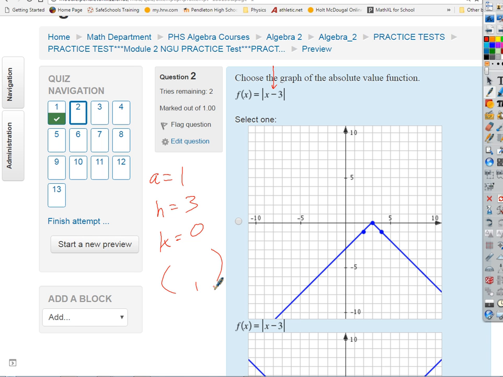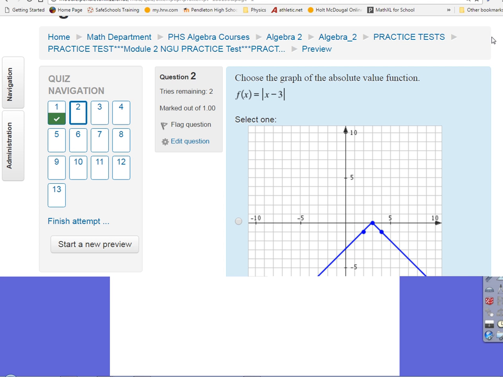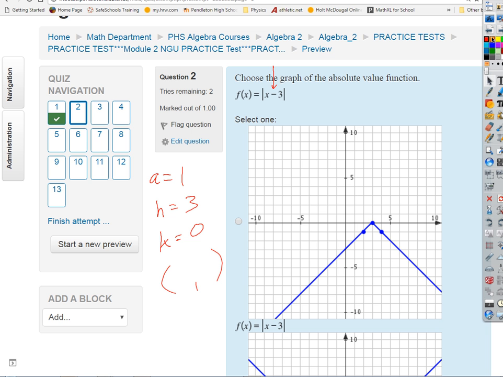Okay, think back to this. We said that the coordinates of the vertex are (h, k), right? So where's it going to be? 3, 0. Yeah. So we've got to go over 3, up 0, and the slope of the right leg is just going to be 1. Okay.